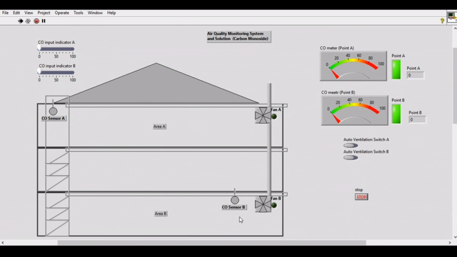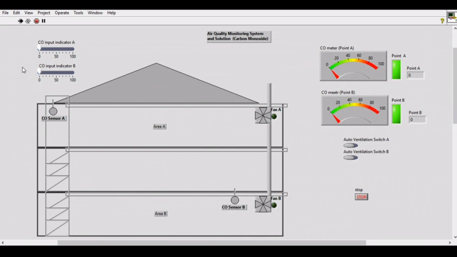We also have the carbon monoxide meter at point A and point B to monitor the carbon monoxide. We also have fan A and fan B as ventilation at area A and area B. We also have an auto ventilation switch for area A and area B to operate the system automatically.